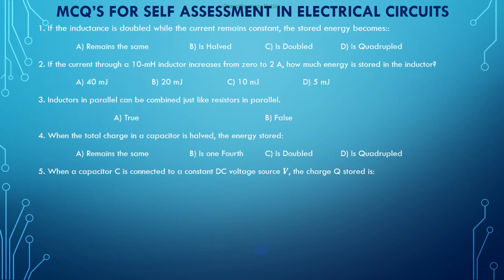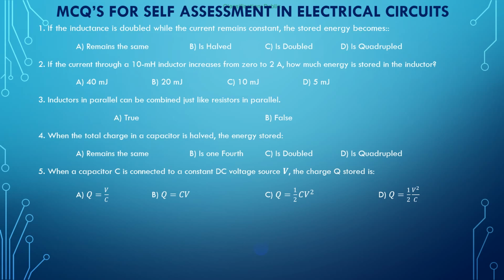When a capacitor C is connected to a constant DC voltage source V, the charge Q stored is... What is the equation? Q is equal to CV. Same, you have to rearrange it and write the equation here.